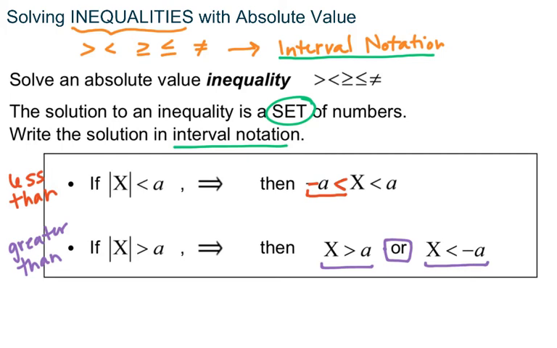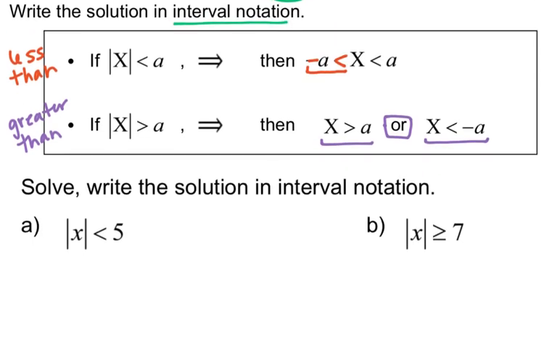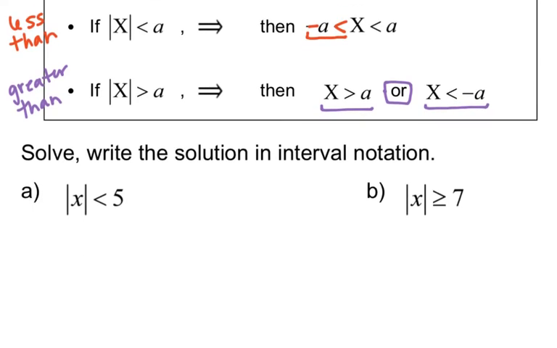Let's just jump right in and look at 2 really basic examples that will help you understand this. We're going to solve each of these very basic absolute value inequalities, and we're going to write the solution using interval notation.